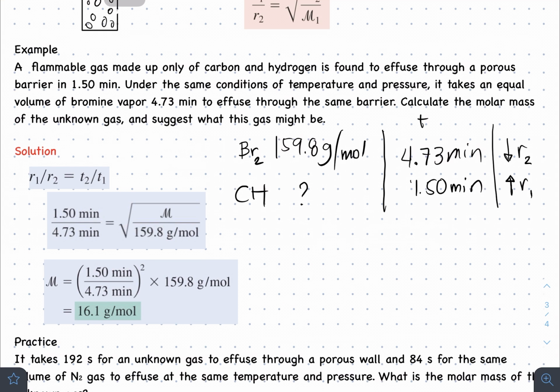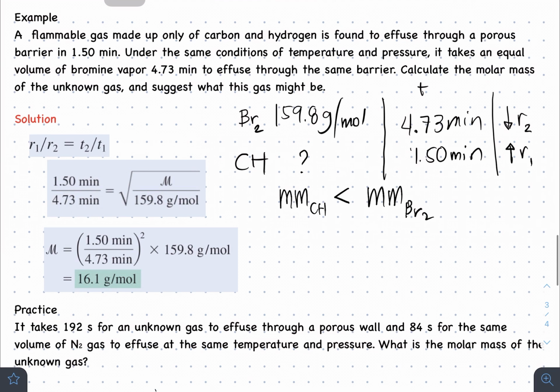Comparing the two, if the hydrocarbon has a higher rate, meaning it took less time to effuse, it is evident that the molar mass of the hydrocarbon is lower compared to the molar mass of the bromine gas.